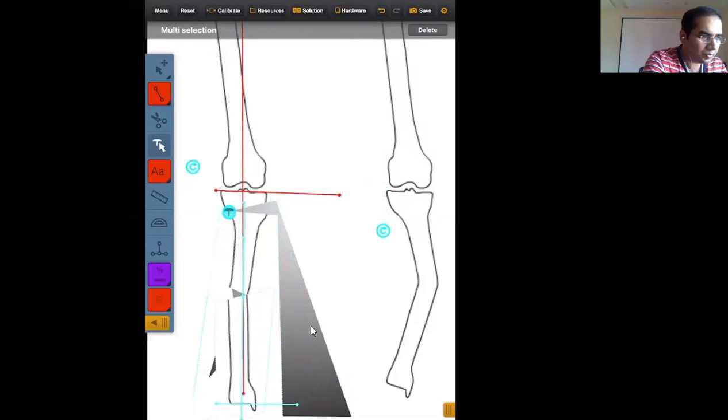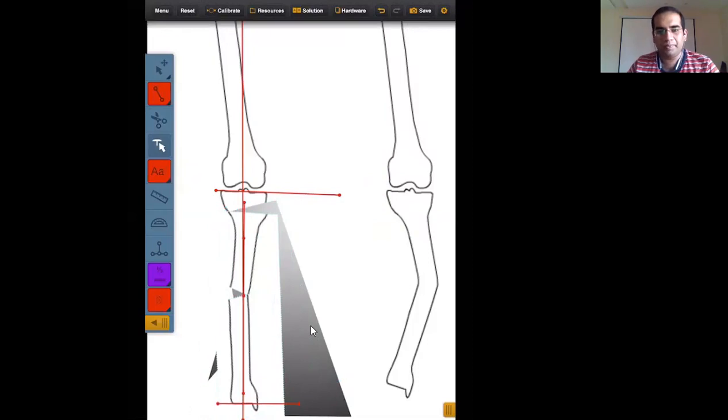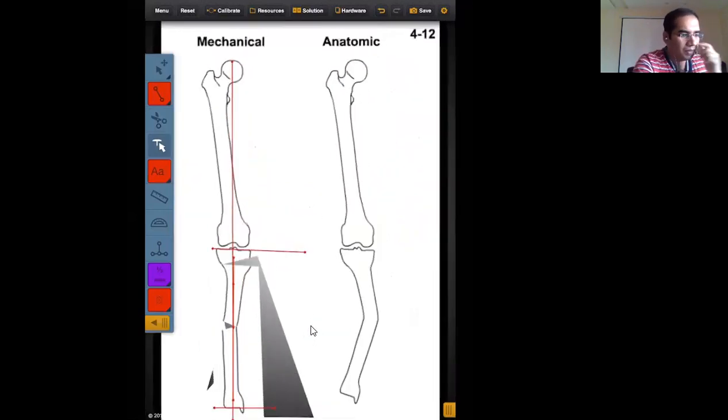Now, as you can see, the deformity has been corrected and joint orientations have been restored and the mechanical axis of the limb has been restored. These were the three possible scenarios in which you can encounter a tibia deformity.